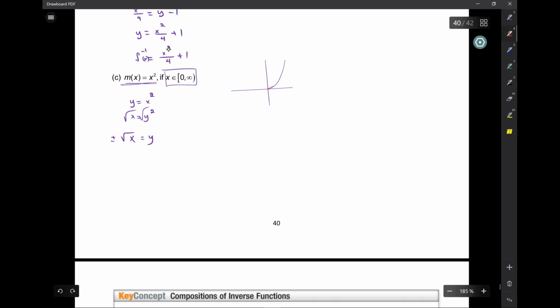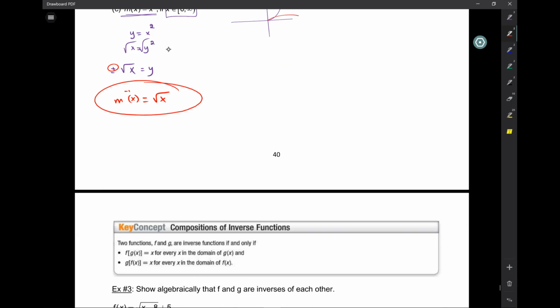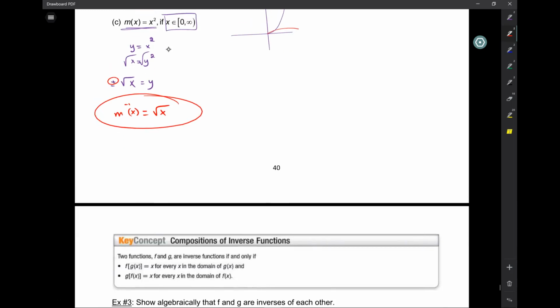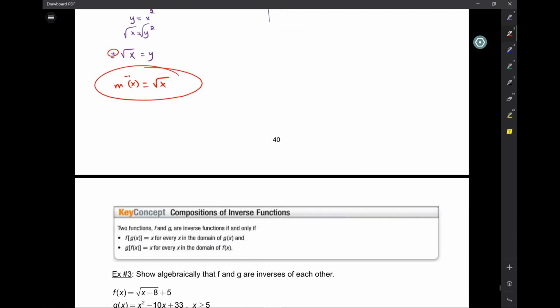It's this and that. So just the plus. So I say f inverse of x is root x. No, not f inverse, m inverse. You have to be consistent because we're math people. But I thought radical x. Okay.